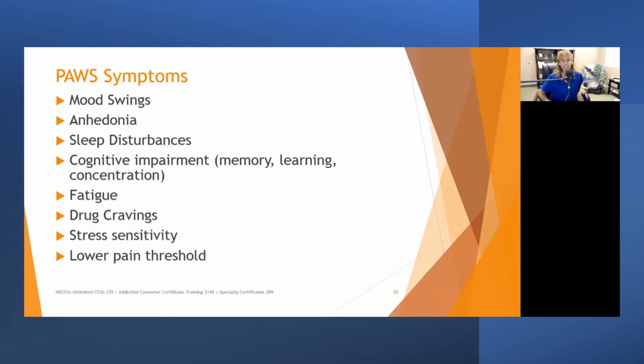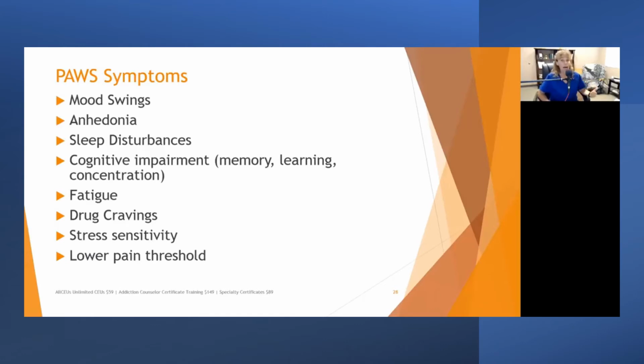So this stress sensitivity, and a lot of us have probably experienced it at one time or another when we've just been really worn down, and one more thing, doesn't matter how small it is, is just going to make us freak the freak out. We've all had those days.